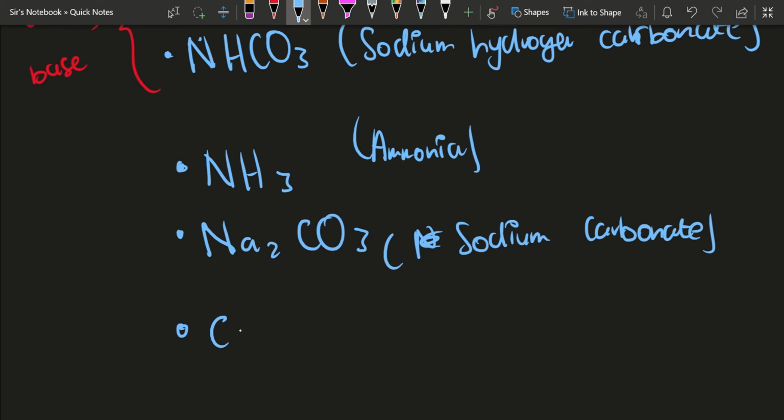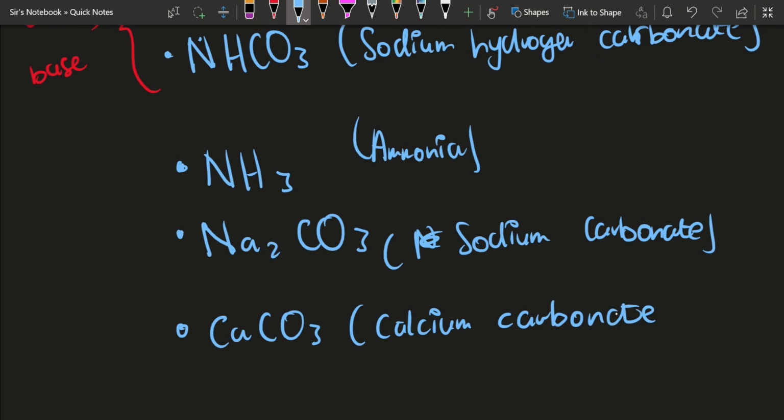Calcium carbonate. Yes, calcium carbonate. Fun fact: the word carbonate is a Latin word. I'm kidding, it's actually not a Latin word.